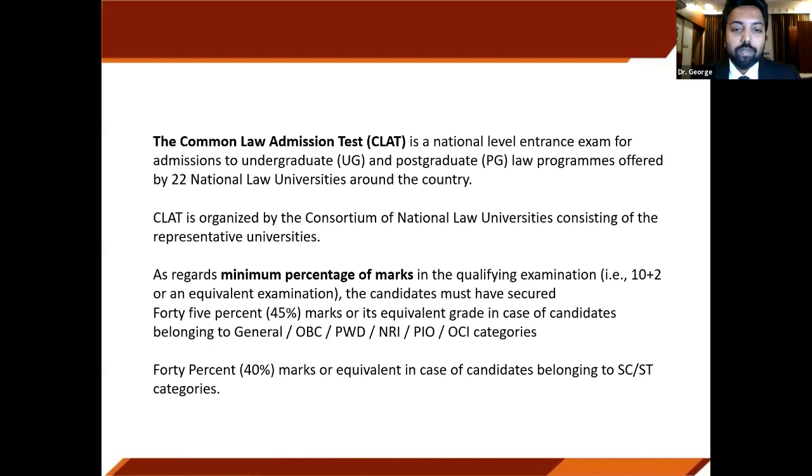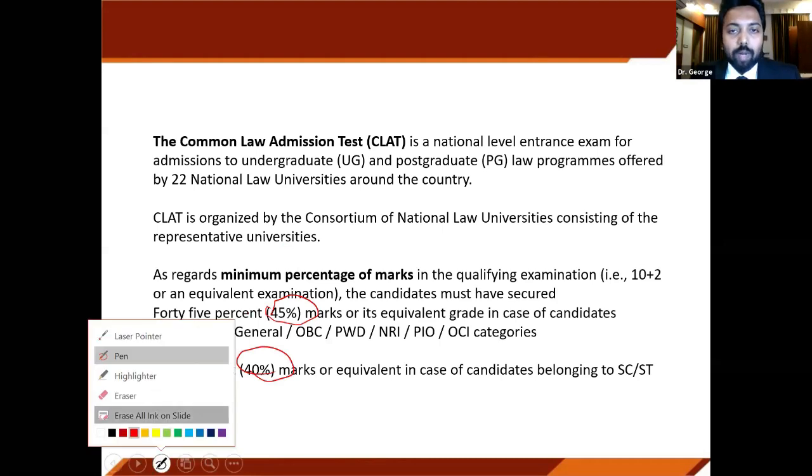And if it's a Scheduled Caste or Scheduled Tribe category, it's 40% of marks. That will be an eligibility requirement for you to take the CLAT exam. That's what we have here, the 45% marks and the 40% marks.